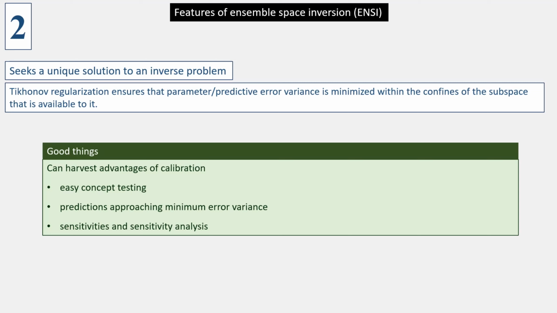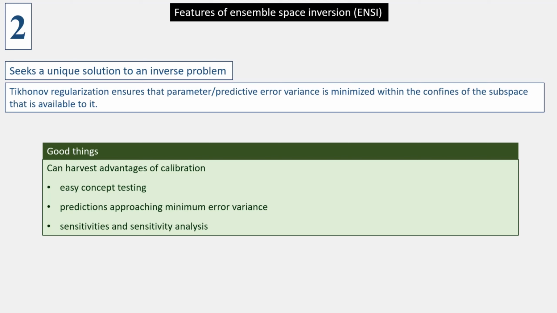So the good thing about that is we have the advantages of calibration. And as we said a little while ago, these advantages can really help us as we construct a model, as we're exploring whether the conceptual basis of the model is correct, whether the data is of high quality. So we get to do rapid calibration many times, testing concepts on which the model is built.